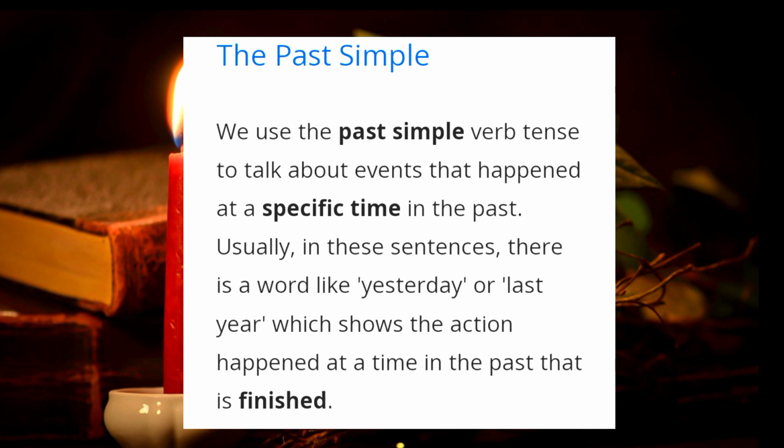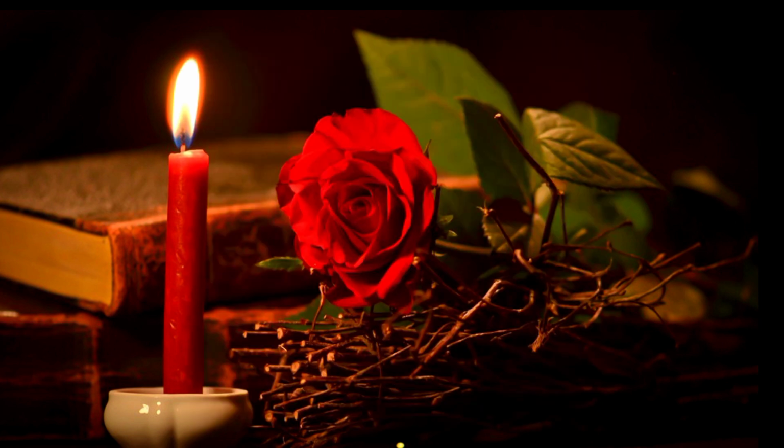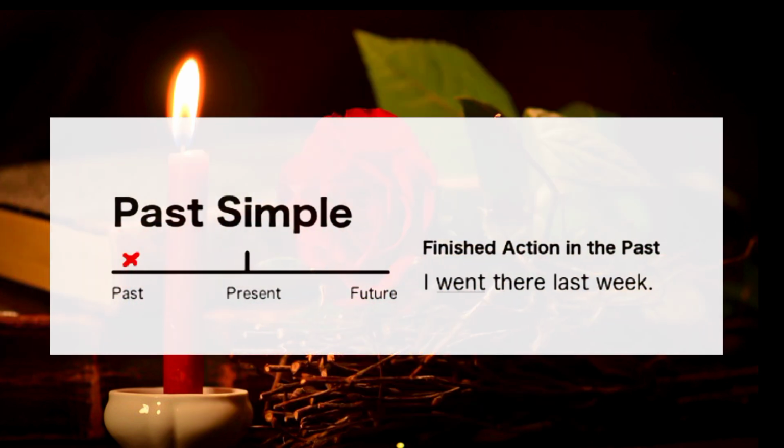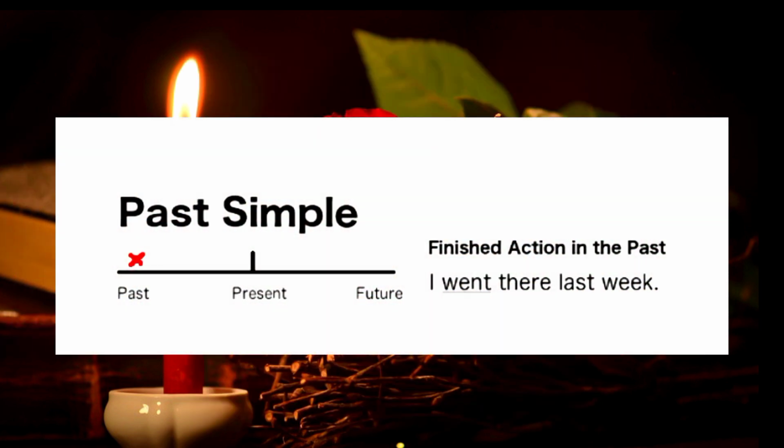Usually, in these sentences, there is a word like yesterday or last year which shows the action happened at a time in the past that is finished. Example: I went there last week. It shows that the action is finished.